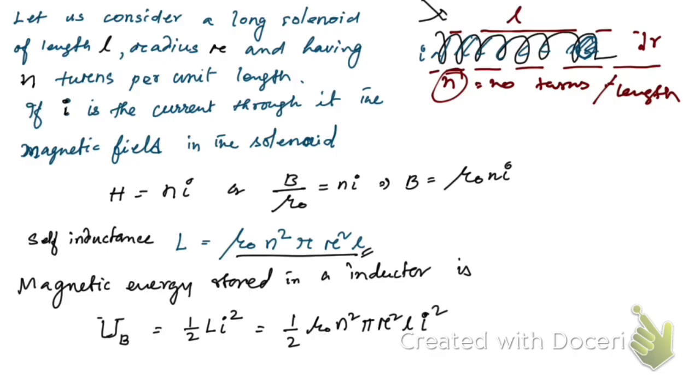And now here you see, pi r square into L is nothing but the volume, right?